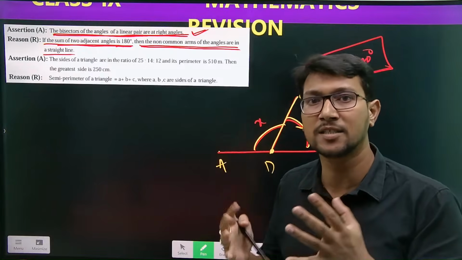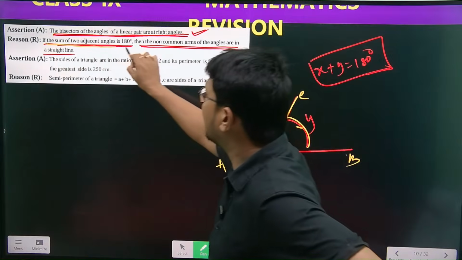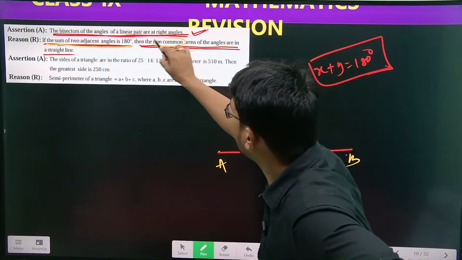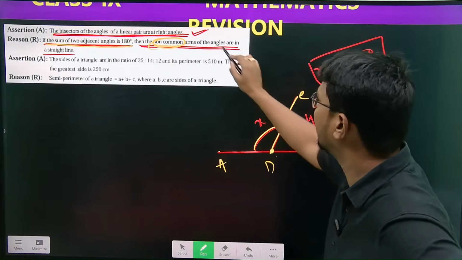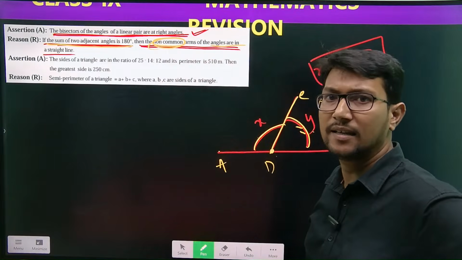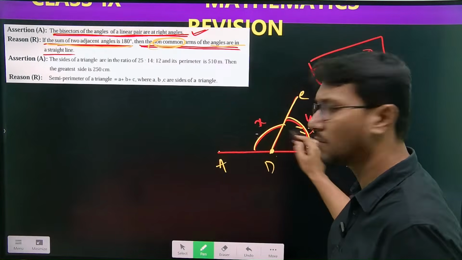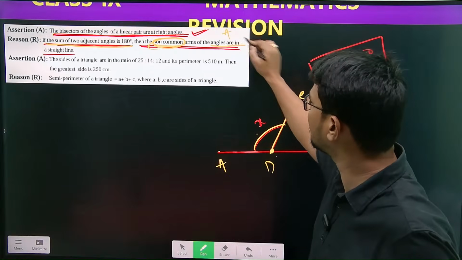It is saying if the sum of two adjacent angles is 180, if x plus y is 180, then the non-common arms, which two are non-common, AD and BD, are in a straight line. Yes, it is a straight line. So A is true, R is true.